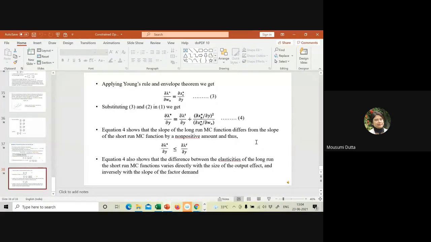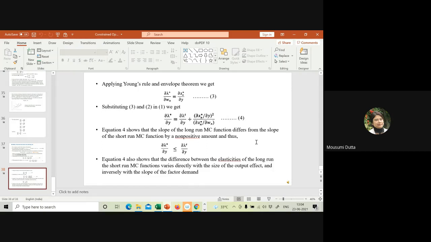Or we can write del lambda star by del y, that is the long run marginal cost, is less than or equal to the short run marginal cost. The long run marginal cost is less than or equal to the short run marginal cost.